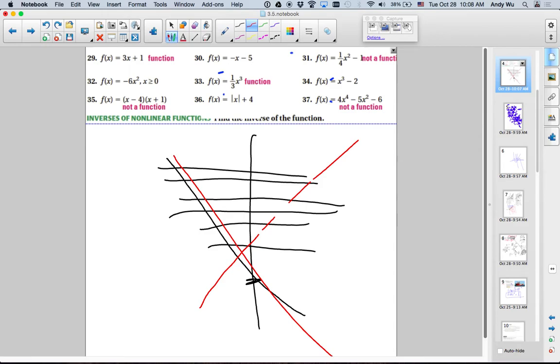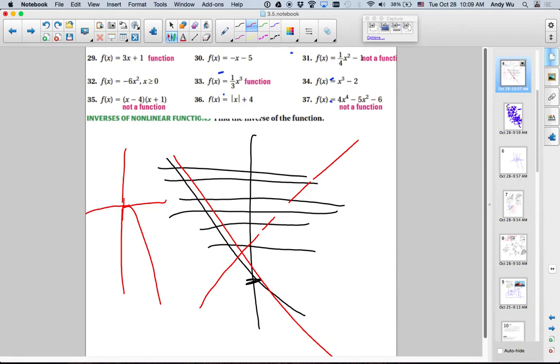Okay, 32, in your head, you see that. You all see that from chapter 2? However, it tells you that x has to be positive, which means we ignore the negative part.